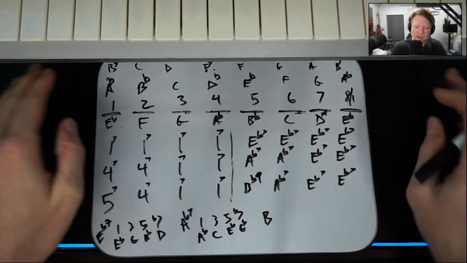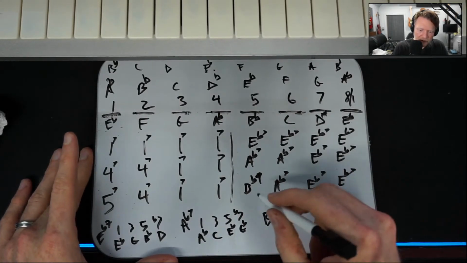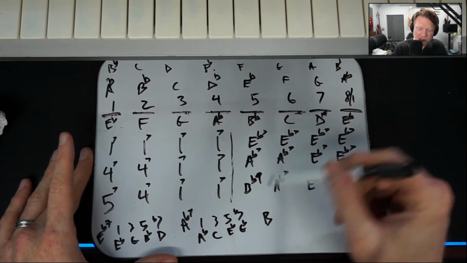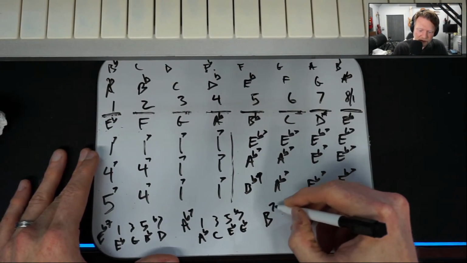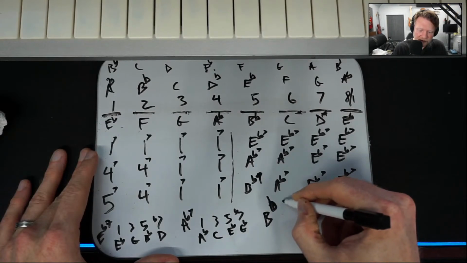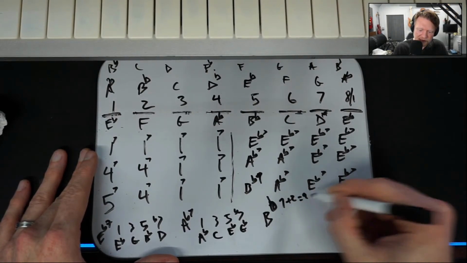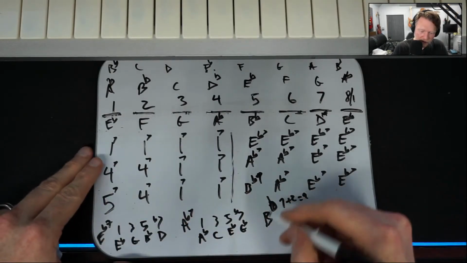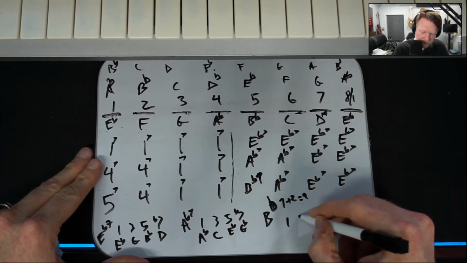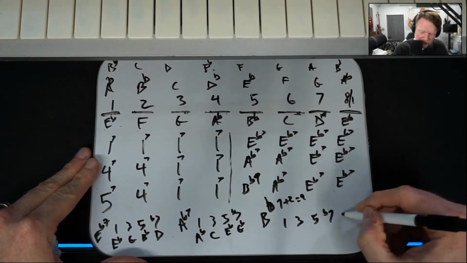One way to conceptualize 9 chords, and I'll explain it more in another video: a 9 chord is going to be a 7 plus a 2. That's where you get 9. So 7 plus 2 equals 9. Typically on a 9 chord here, we would have our 1, 3, 5, our flat 7, and we'd have our 2.